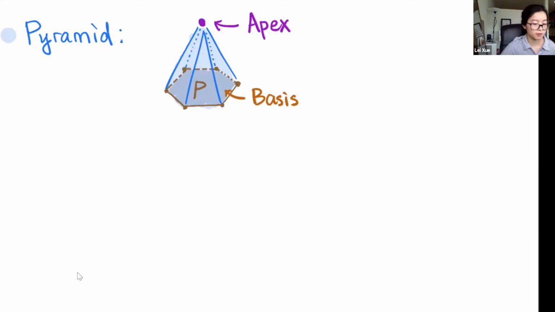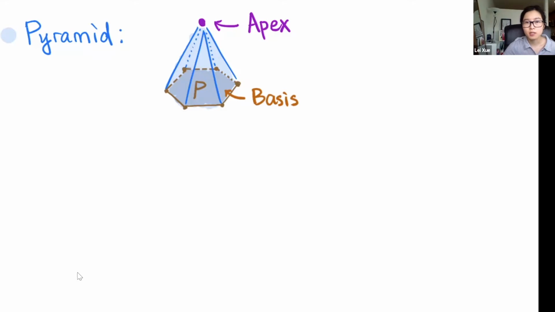Let me just first give the definitions needed for such construction, step by step. So the first one is a pyramid. If you start from a d minus 1 dimensional polytope and you add a new vertex, which increases the dimension by 1, so you add a new vertex that's not in the affine span of this P, then you get a d-dimensional polytope.